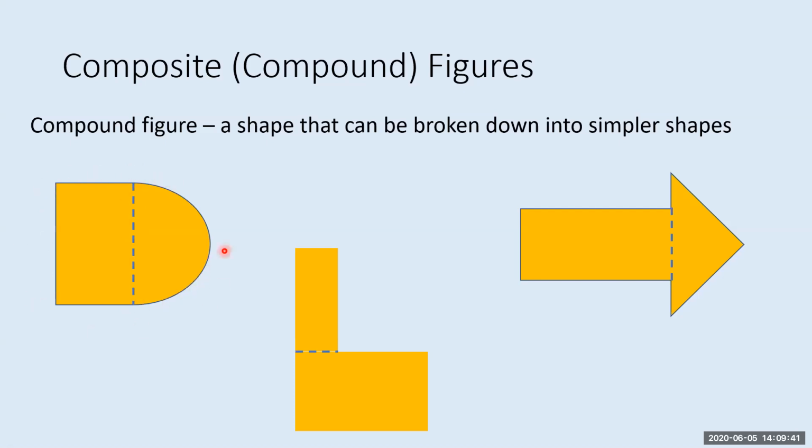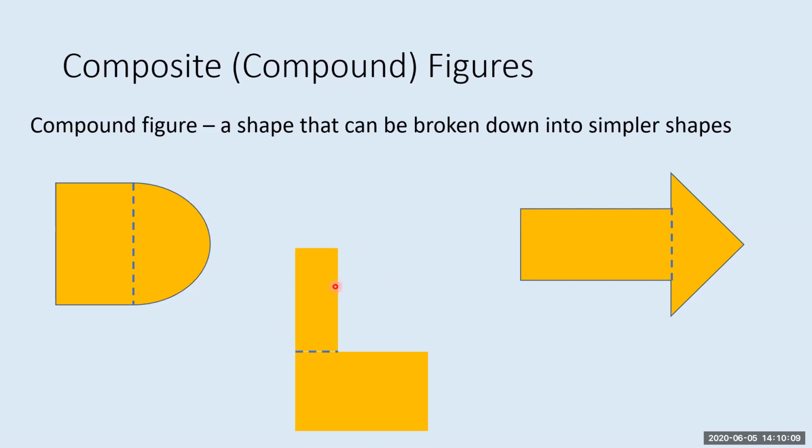And if we were asked to find area, we have formulas for those shapes. So we can calculate the area of the shapes, whereas we don't have a formula for a basketball court looking thing, right? We wouldn't really know how to do that. So we've got to break it down into simpler parts.